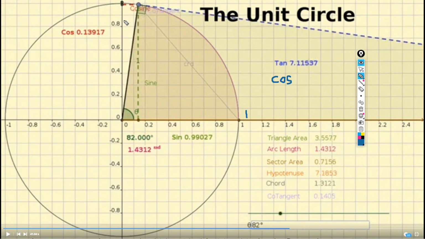And then when the line is straight up and down, cosine is 0. And when we are back over here, cosine is -1. And when we are down here, it's 0 again, because cosine is the x component of our triangle.